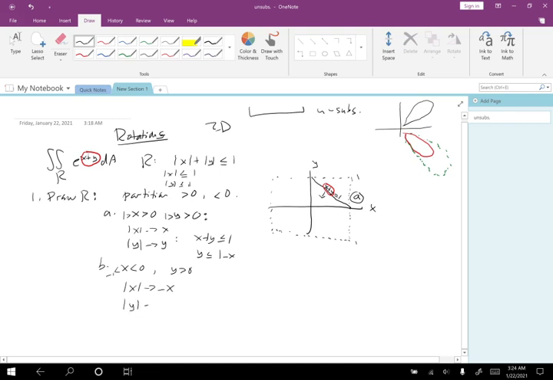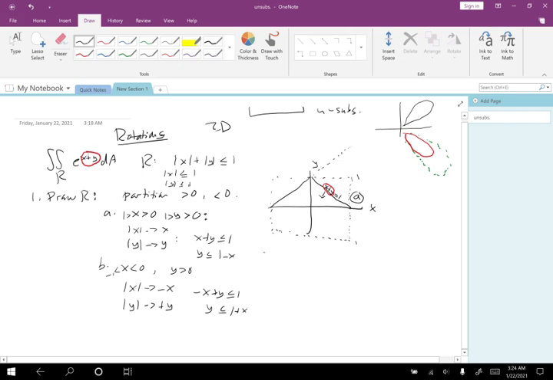And y is just positive. So our inequality becomes negative x plus y is less than or equal to 1, otherwise known as y less than or equal to 1 plus x. So 1 plus x is shifted upwards, so I'm going to draw the second line as follows inside the box.